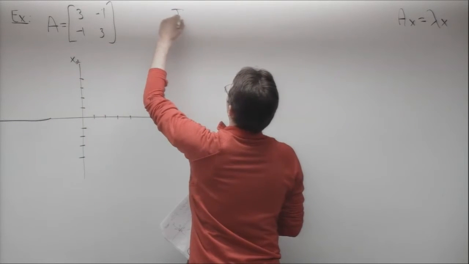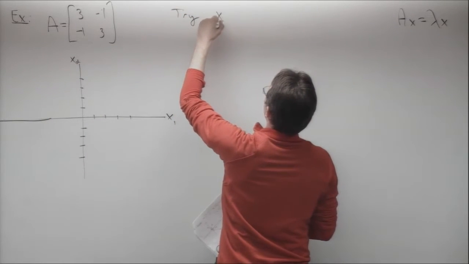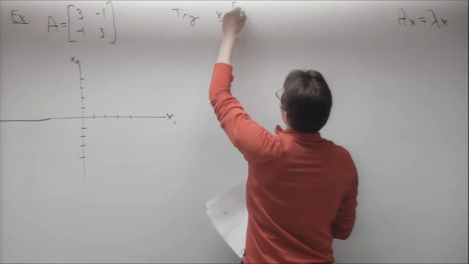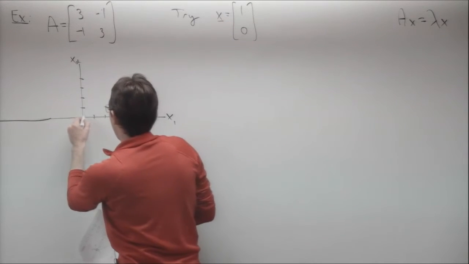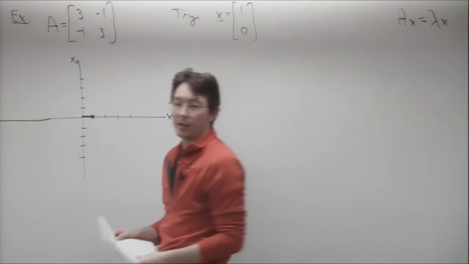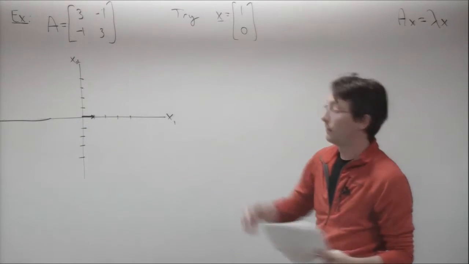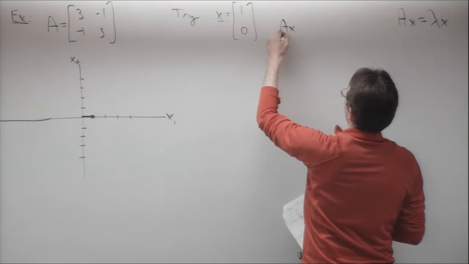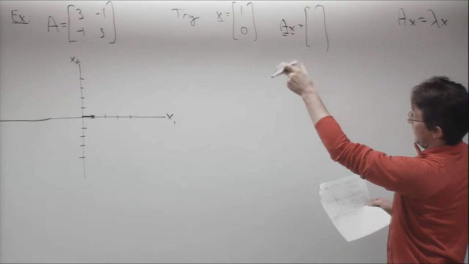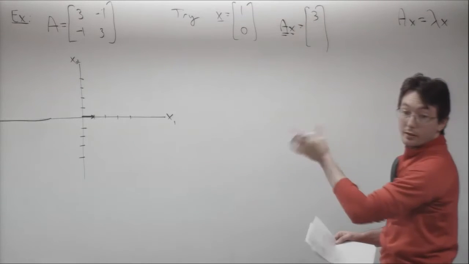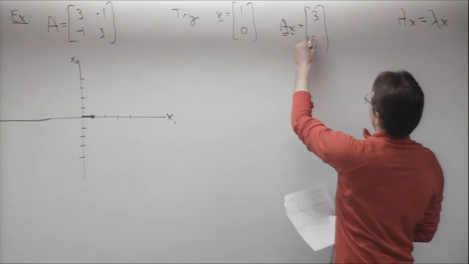Okay, so let's just try x equals 1, 0. So this is the x vector. Okay, so I'm going to try a little unit vector in the x direction. I'm going to multiply it by A. Okay, so what is A times x? 3 and minus 1. Right?